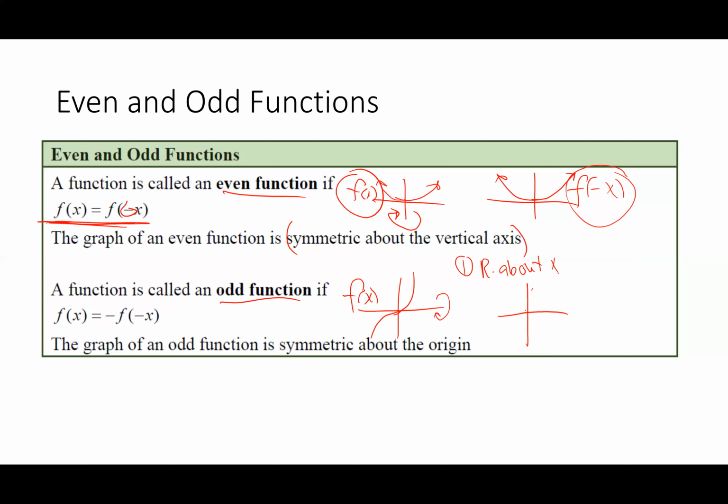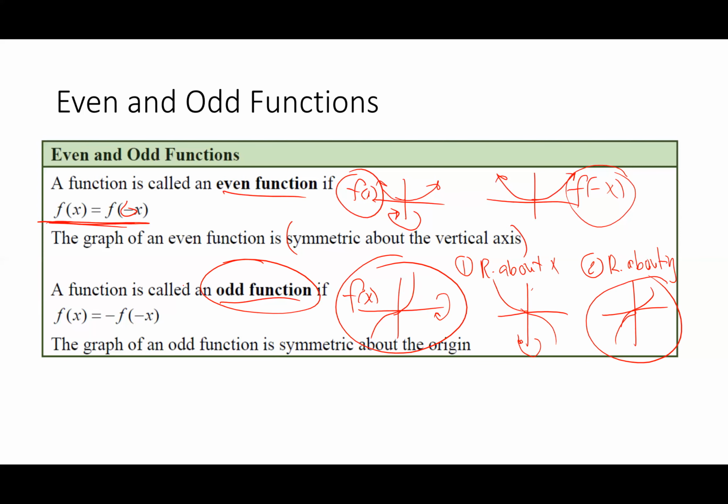And then we end up with this. Now we reflect it about the y-axis. So we take this thing, we reflect it about the y-axis. If these graphs are the same, if I get back where I started, this function is what's called odd. We call this symmetric about the origin.